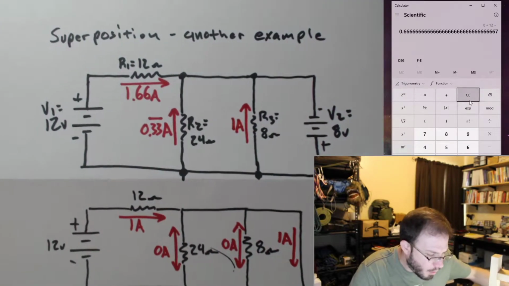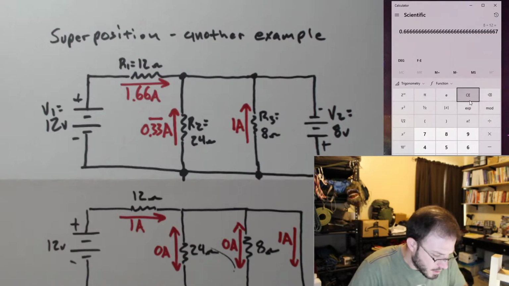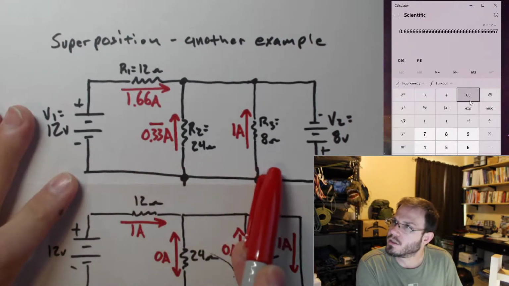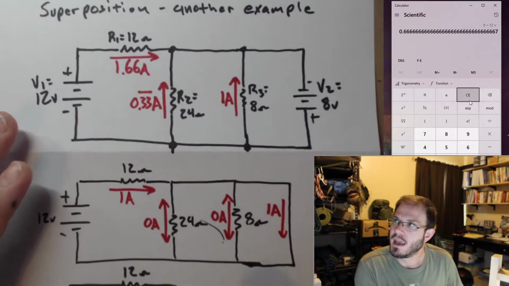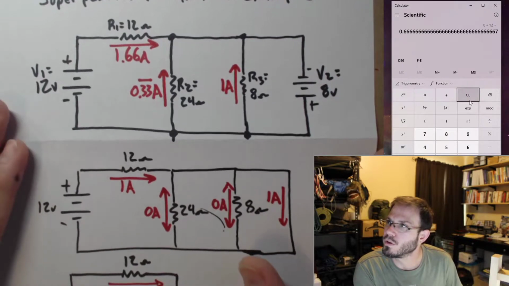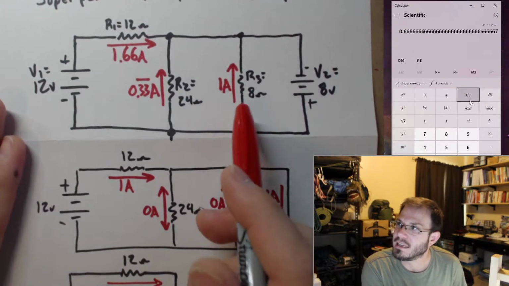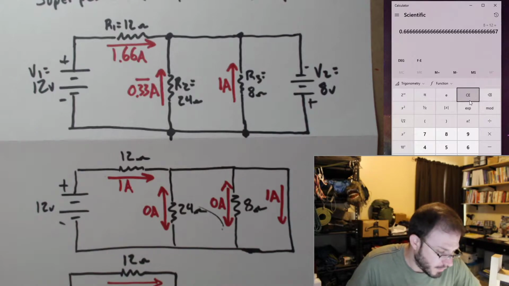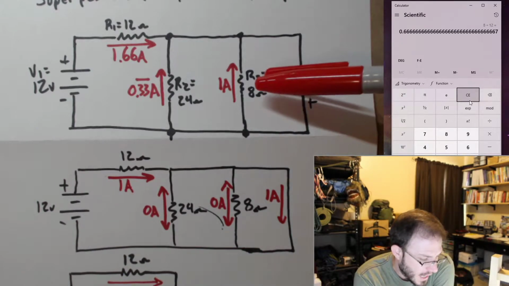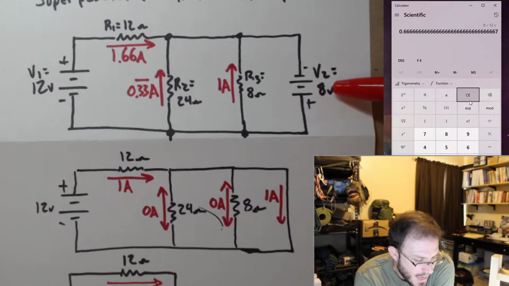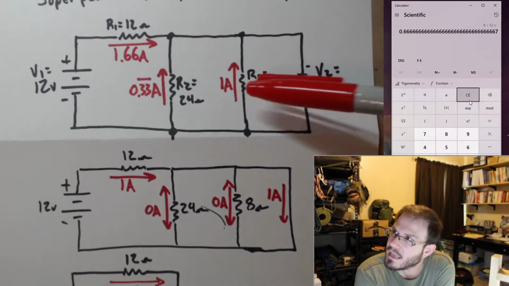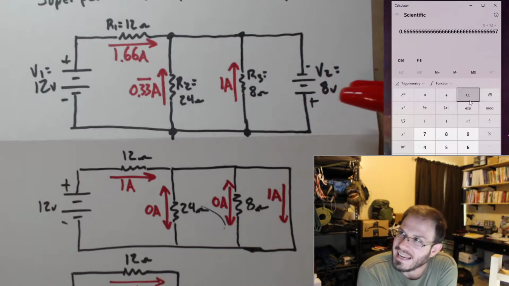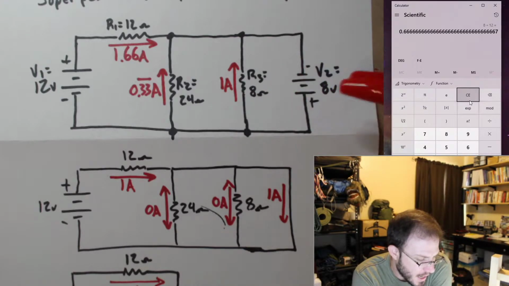Okay, so now this is what I should have according to superposition. Does this make sense? And we can actually use a couple of our rules to validate that this indeed was the correct approach to solving this. I notice I have 8 ohms and I have 8 volts applied to it, right? So KVL is always going to be true for any circuit. Kirchhoff's voltage law never ceases to be applicable.